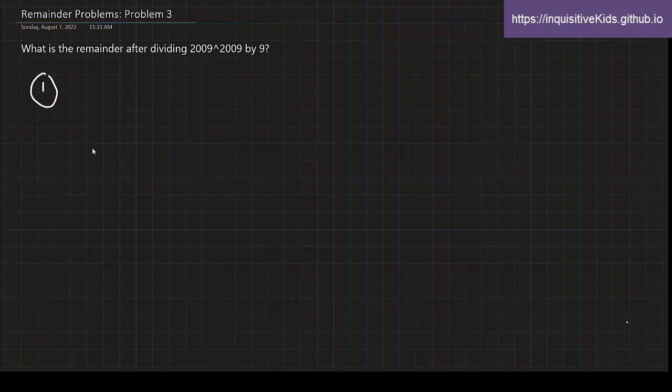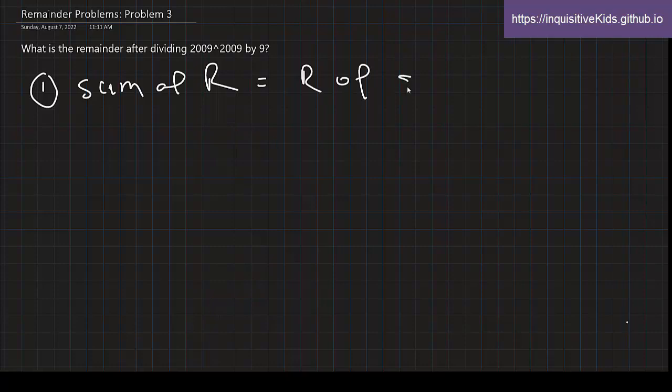The first one is that the sum of remainders is equal to the remainder of the sum. Here's what I mean. 17 divided by 4 is equal to 4 with a remainder of 1.